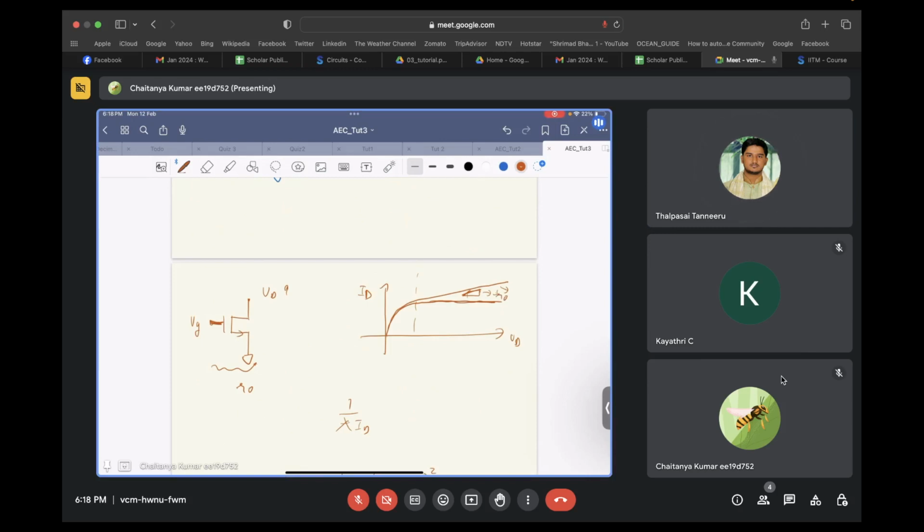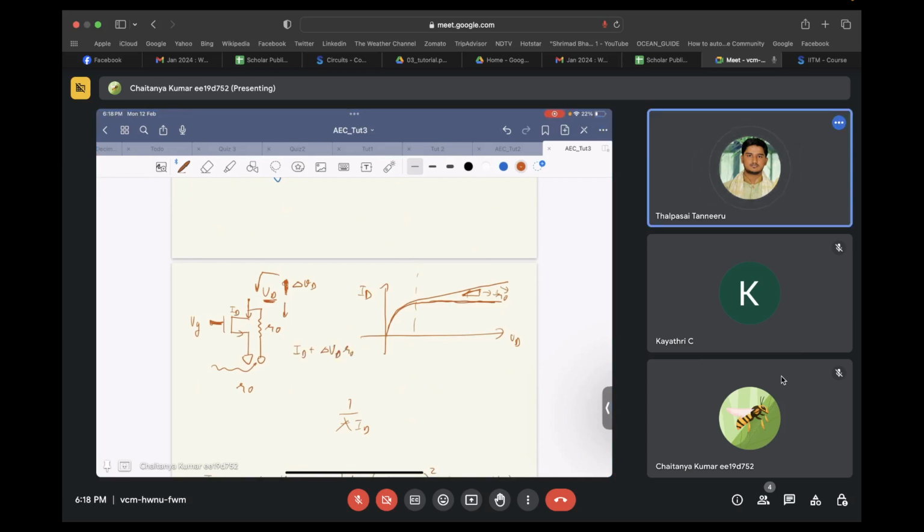Now, what is 1 by R naught? Let's say there was some VD, and on top of that you try to increase or decrease the VD. If there is some output resistance over here, then if you increase the VD by some delta VD, the current which was ideally supposed to be constant at some value ID will now be ID plus delta VD by R naught.